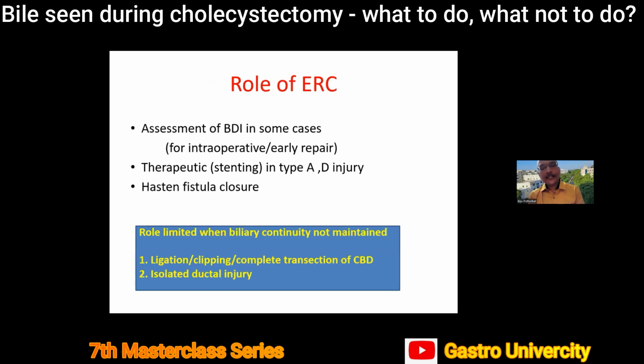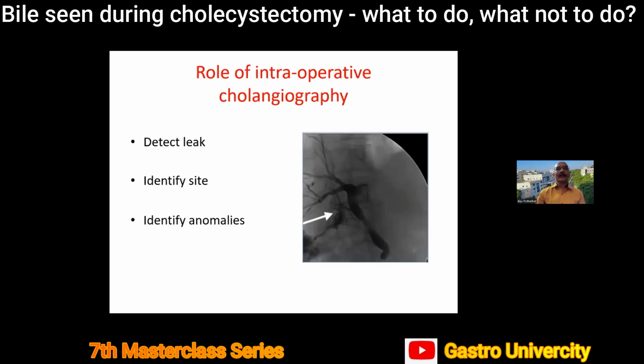Intraoperative ERCP: if you are very sure, and the surgeon and endoscopist are both clearly experienced, you can try to stent it, but it will help only in a very minimal proportion of bile duct injury types. Now, the intraoperative cholangiogram may help to detect a bile leak. It may identify the site and the anomalies as well.